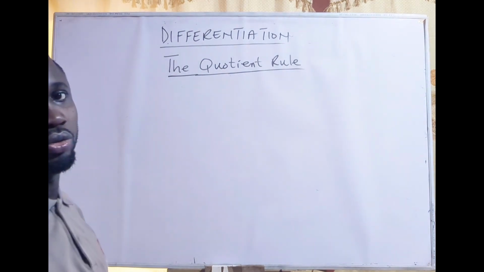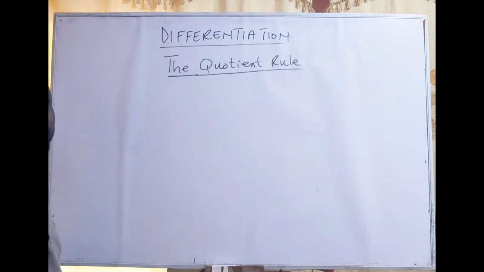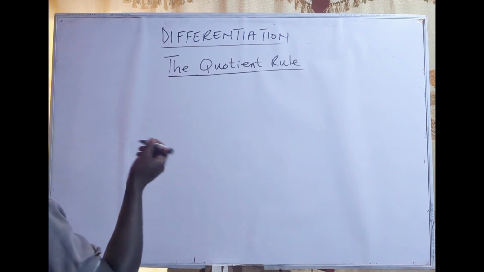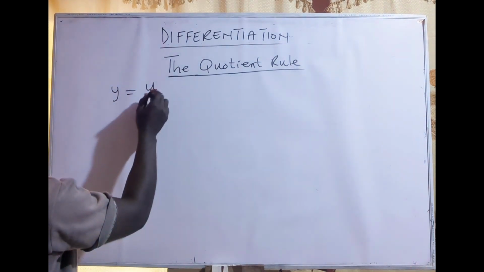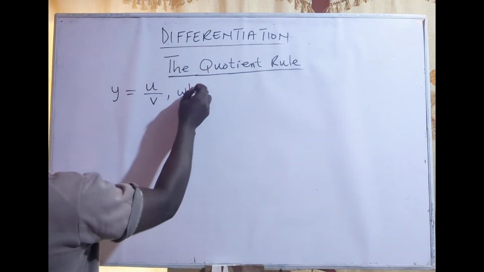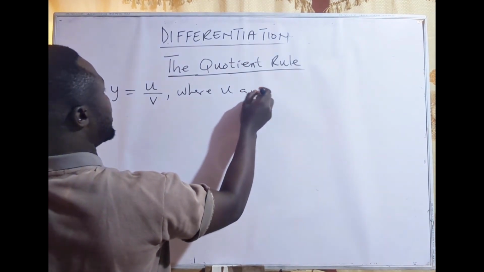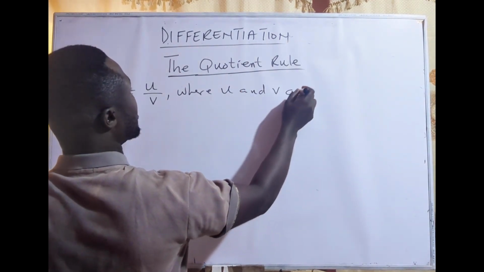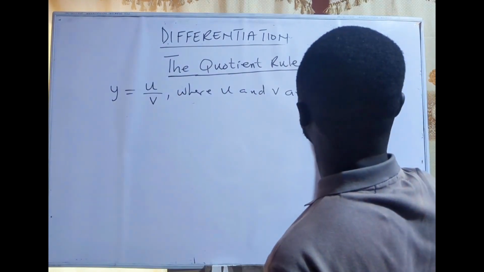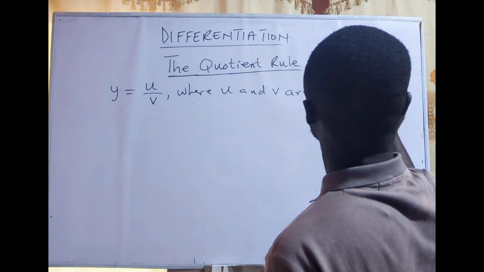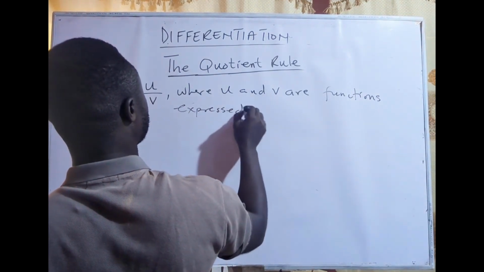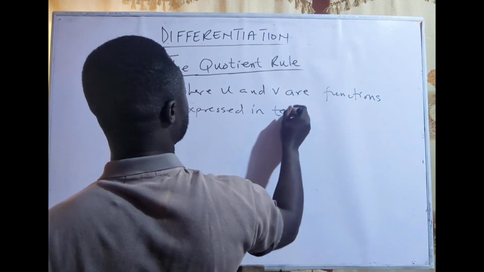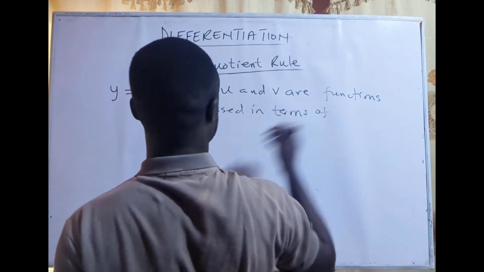The quotient rule. With the quotient rule, when I have a function like, let's say, y is equal to u on v, where u and v are functions expressed in terms of x.